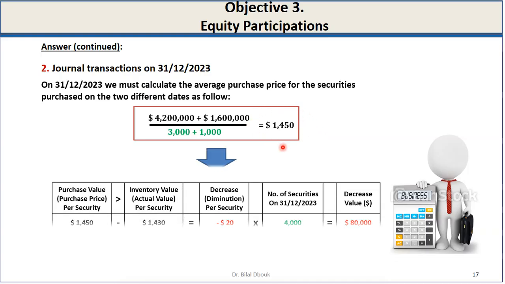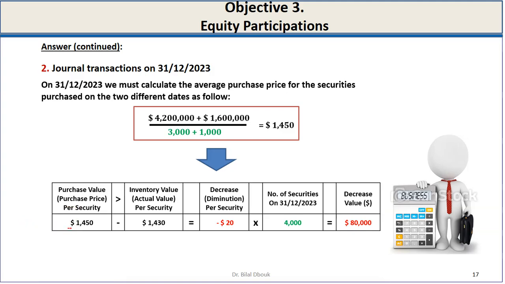$1,450. Now I need to compare the $1,450 purchase price and the inventory actual value, which is given at the end of year 2023 at $1,430.